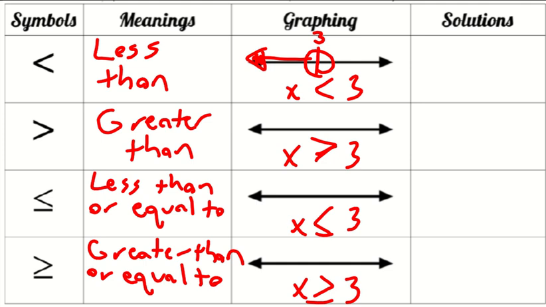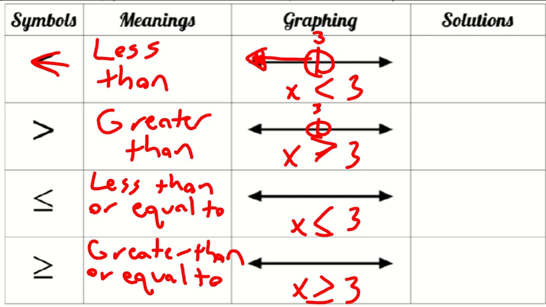Here is the easiest way I can think of to tell you how to know which way it's pointing. There's your arrow, the inequality symbol. Okay? See how it's pointing to the left? That means our arrow on our graph needs to point to the left. For greater than, same idea. At 3, open circle.